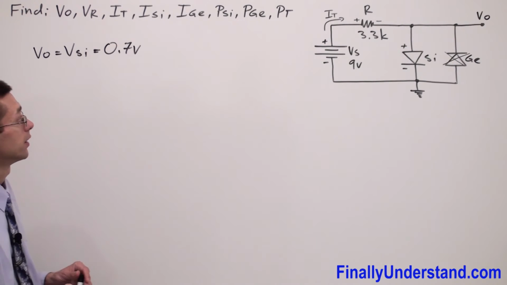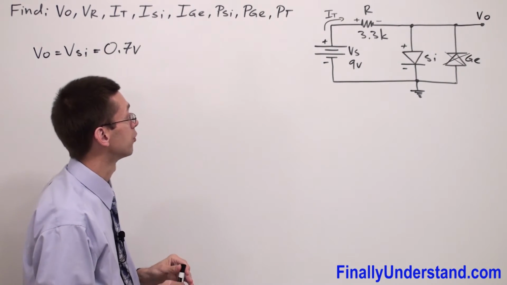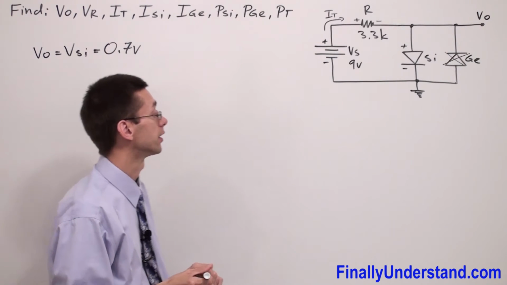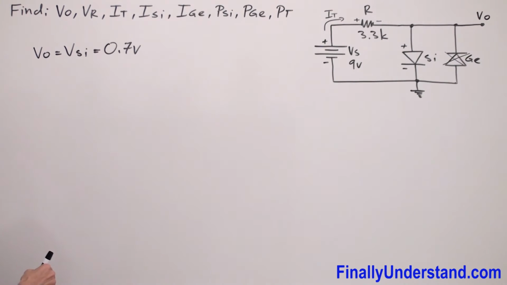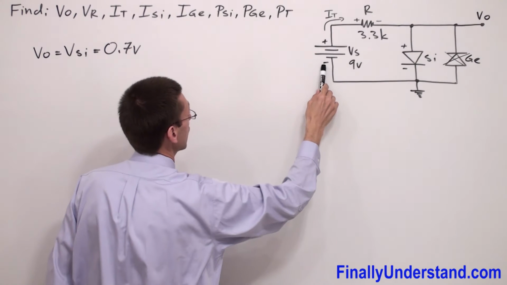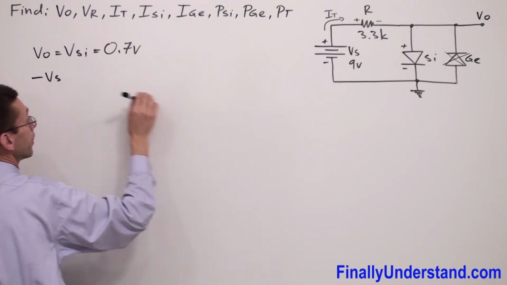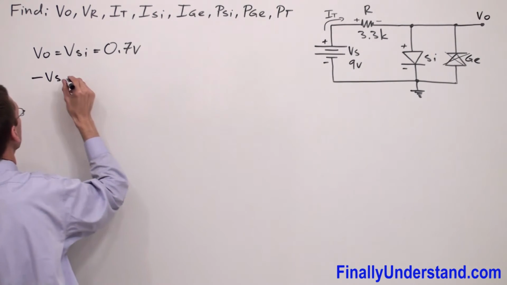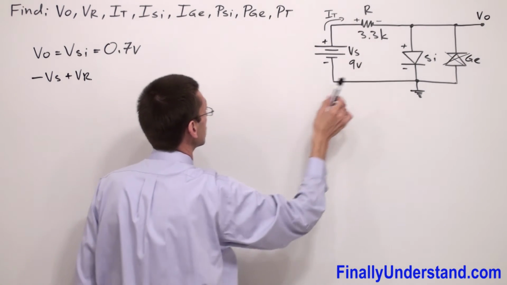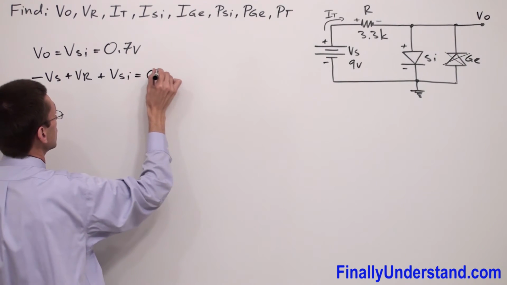Next, we're supposed to find the voltage across the resistor. So if you want to find the voltage across the resistor, you're supposed to write the KVL equation. Why the KVL equation? Because we want to practice it. Okay, so I'm going to start again from the ground. So I have over here negative voltage source plus voltage across the resistor, and I have plus voltage at the silicon diode, and everything is equal to 0 volts.